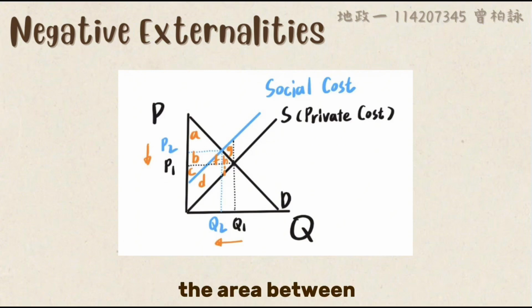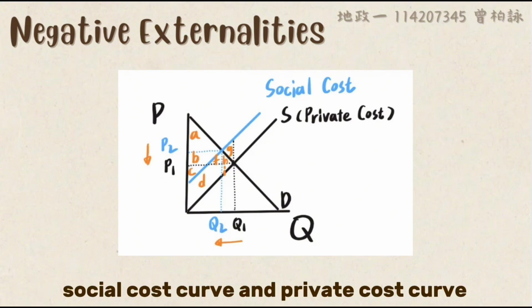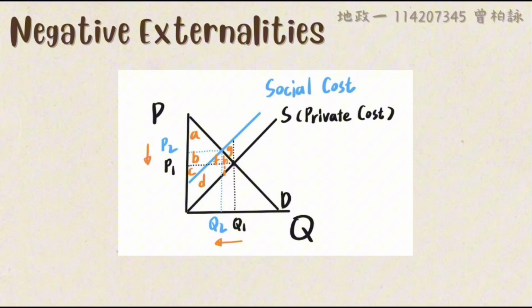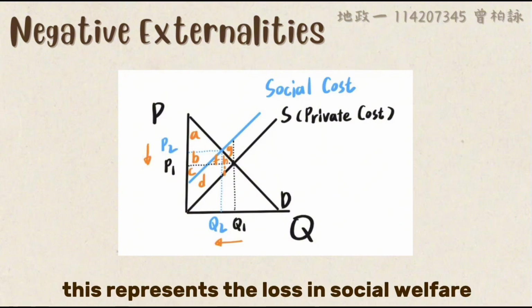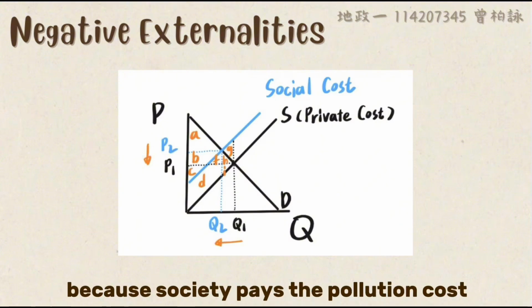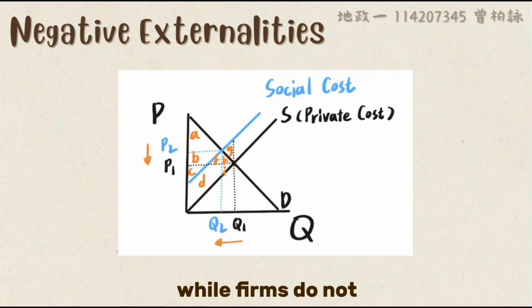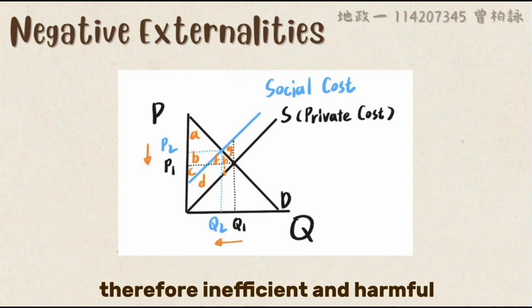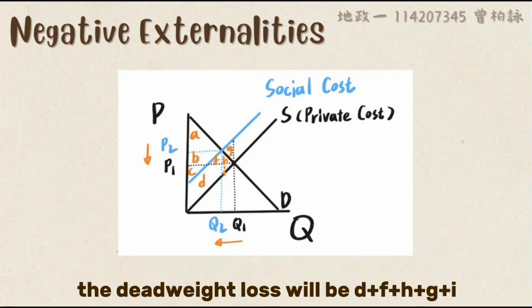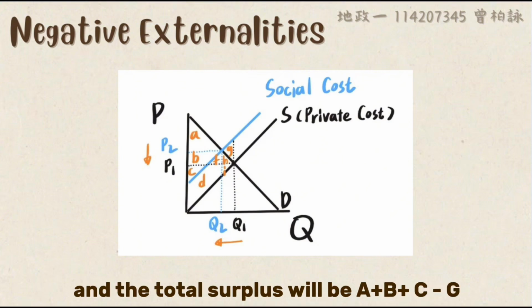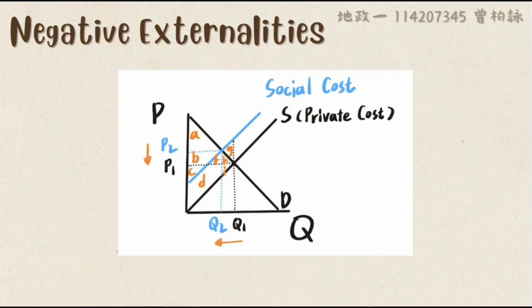The area between the social cost curve and the private cost curve represents deadweight loss. This represents the loss in social welfare because society pays the pollution cost while firms do not. The market outcome is therefore inefficient and harmful. So the deadweight loss will be D plus F plus H plus G plus I, and the total surplus will be A plus B plus C minus G.